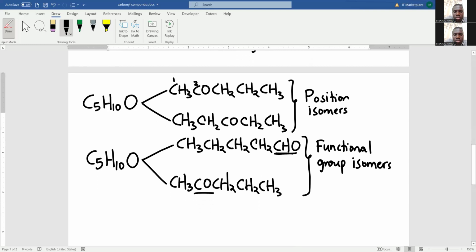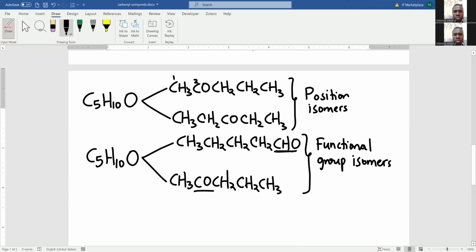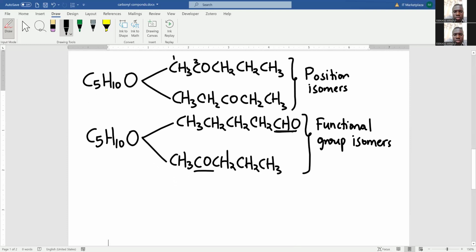So in this video, I have reviewed isomerism within organic compounds, and I have also shown that out of the general representation of a particular compound C5H10O, we can generate chain isomers, position isomers, and functional group isomers. As a simple activity, you can think about isomers that can be generated in relation to carbonyl compounds.